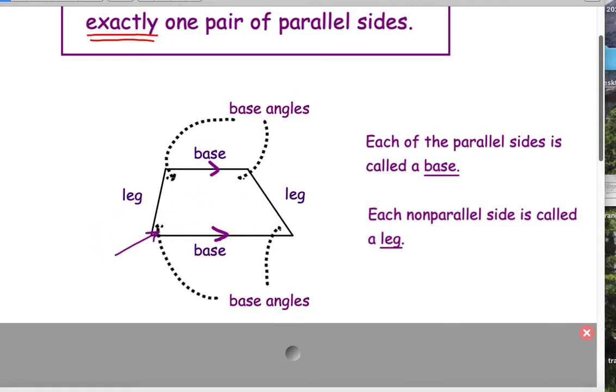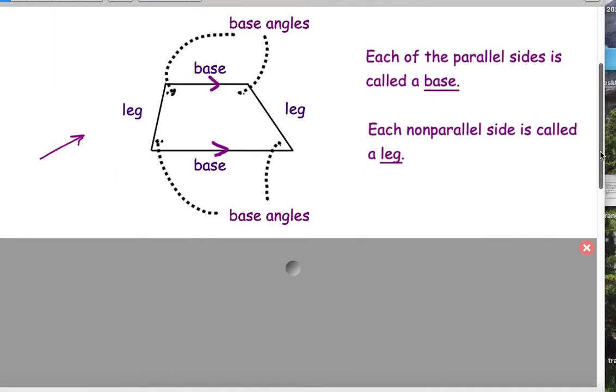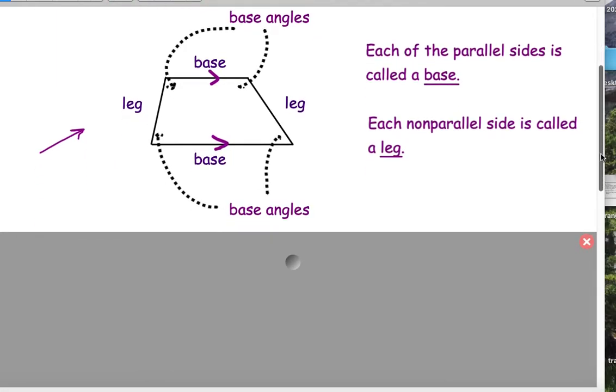And then for each of the bases, for this base we have these two angles associated with it, the two angles that it touches, and that's one pair of base angles. And at the top we have a second pair of base angles. Now there's not a lot that's true about a trapezoid like we've had with all our other special quadrilaterals.